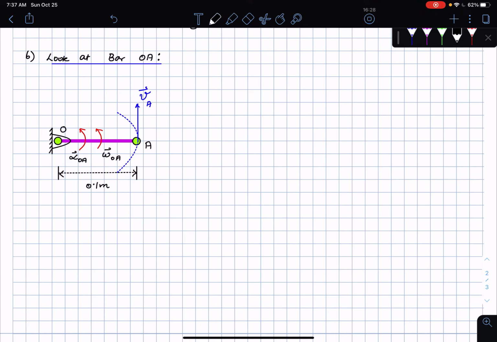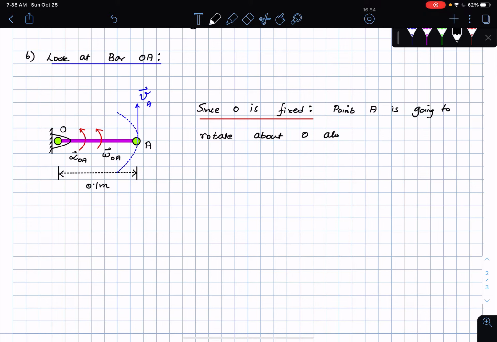Since O is fixed, the point A is going to rotate about O along a circular path.